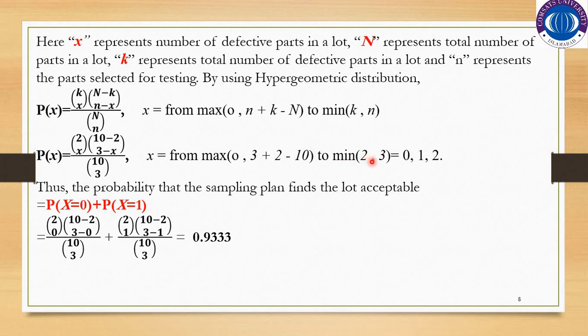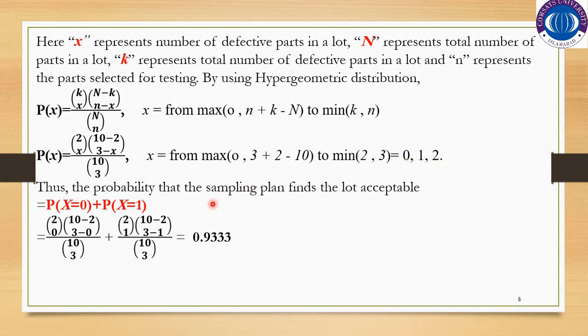And minimum of k and n, k is 2 and n is 3. So this is 3 plus 2 minus 10. This is a negative value and this is 0. So for sure 0 is the maximum. We will start from 0 and the minimum is 2. So it will be 0, 1 and 2.